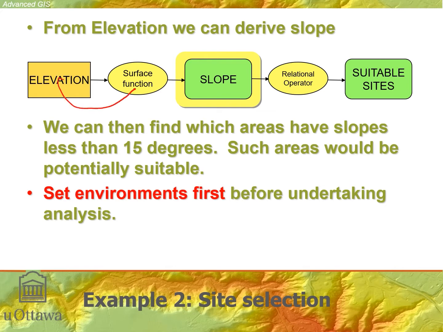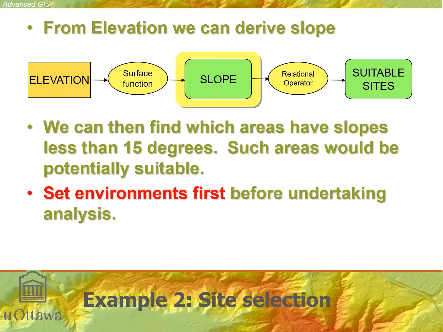Elevation goes into a surface function called slope, and the output would be some raster representing slope. Then that would be input to a relational operator, a less than 15 degrees. And the output would then show regions which are either suitable or unsuitable for locating this new resort, based on just this example of slope and landslides.